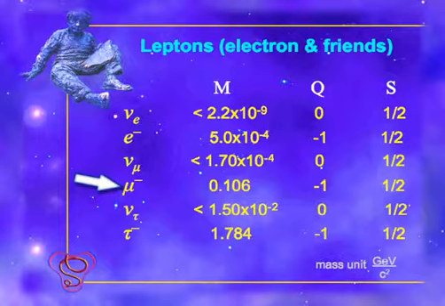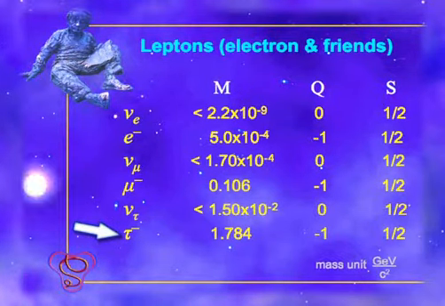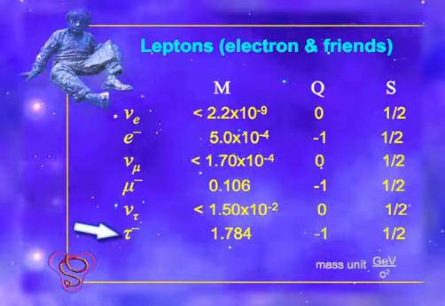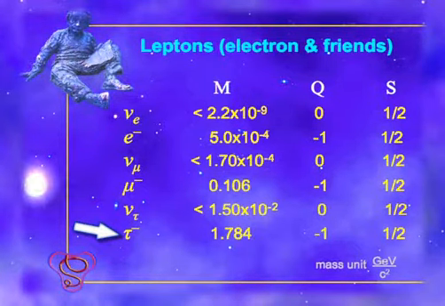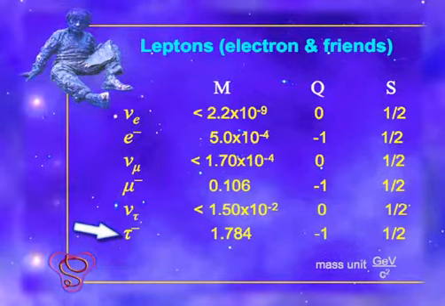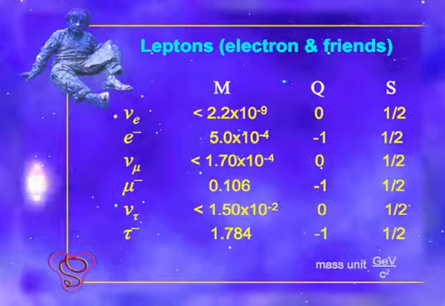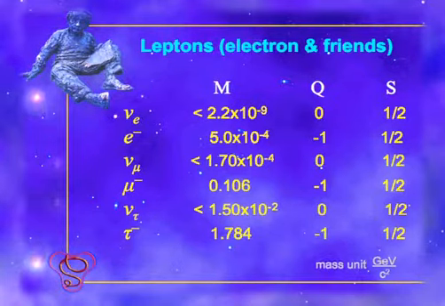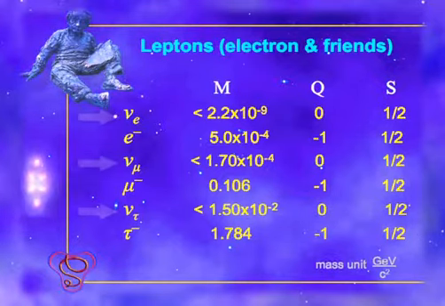And then roughly 10 years ago, we found out that nature produced a second copy of the electron. This object is in all ways an electron, but is 1,700 times as heavy as the electron. It's called the tau particle. Now, in addition to these copies of the electron, which are just more and more massive, there are also particles that constitute a different kind of copy of the electron.